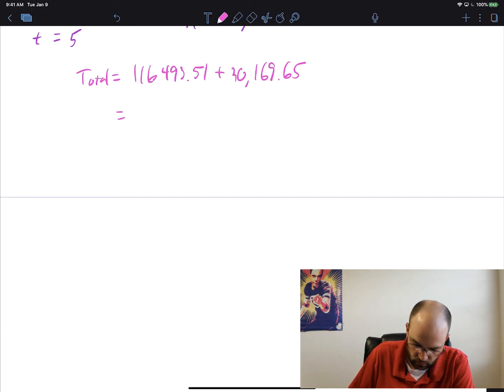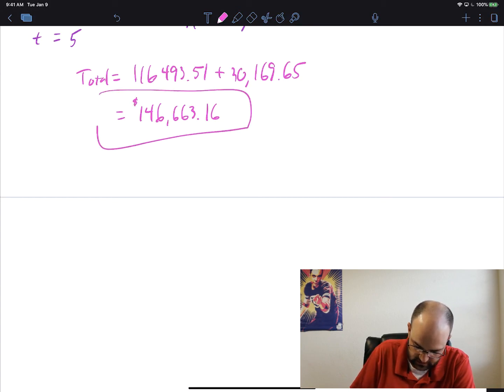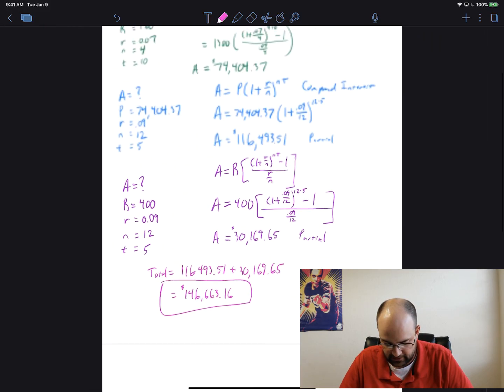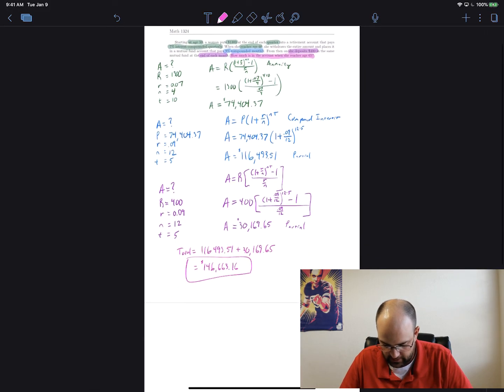And that will give me $146,663.16. And there you go. That's how much she will have in the account when she reaches age 65. Awesome.